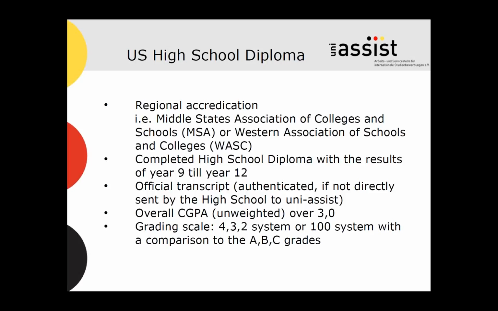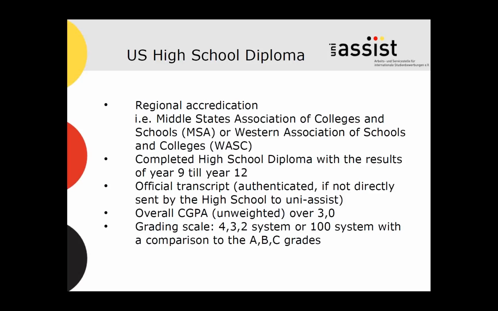Hello, so now I'm going to tell you some relevant information concerning the high school diploma. What is very important is that the high school diploma has to be issued by a high school that is regionally accredited by a regional organization.